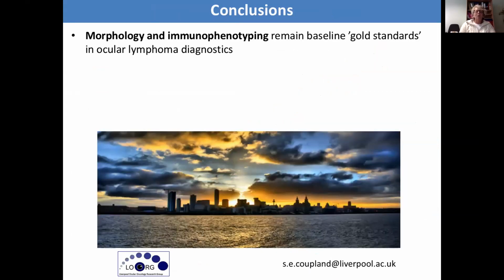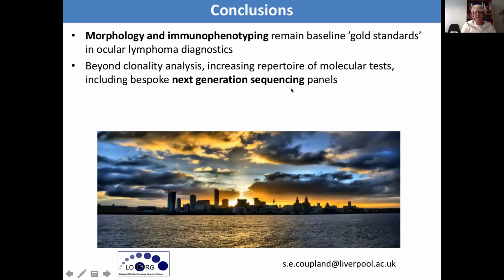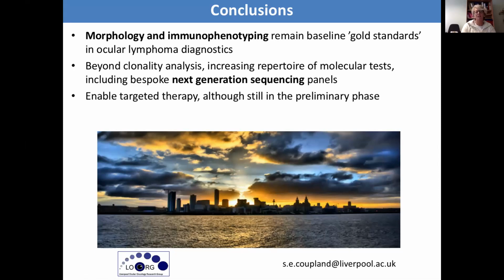So just to conclude, the morphology and immunophenotype of any sample, I think, provide the baseline gold standards for making any diagnosis. These molecular tests are all great, but they are adjunctive tests. And increasingly, we're getting bespoke next generation sequencing panels designed for our ocular cancers, which I think are great.